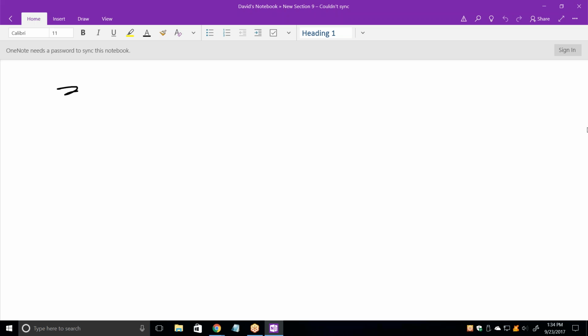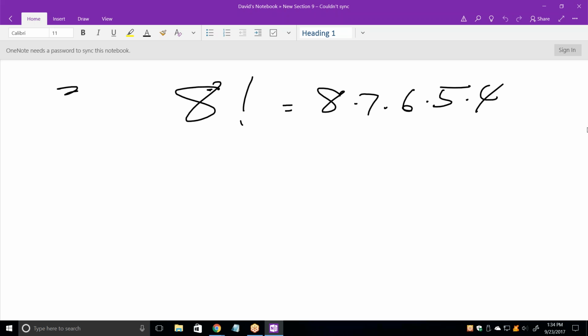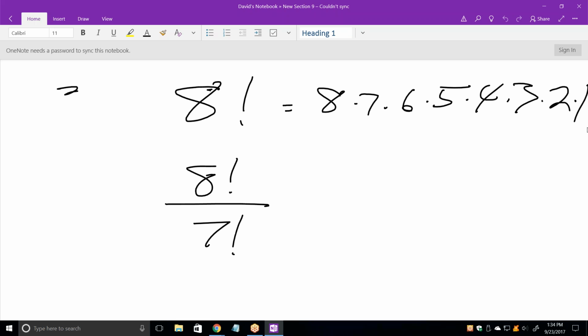So, factorials. You know what 8 factorial means? 8 times 7 times 6 times 5 times 4, 3 times 2 times 1. Okay? So if I had 8 factorial divided by 7 factorial, what's that going to equal? Don't do it on your calculator.